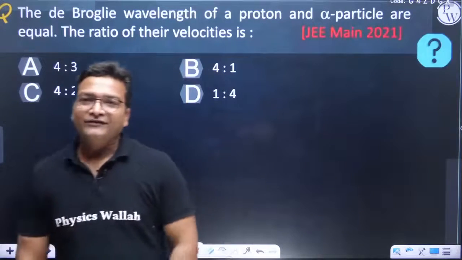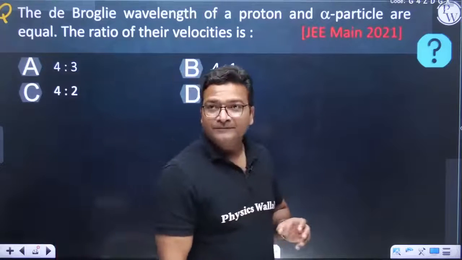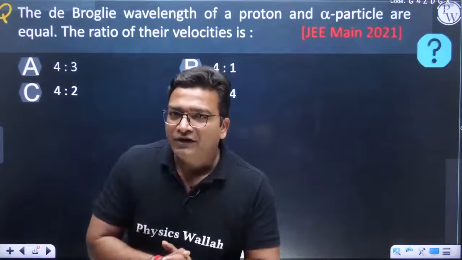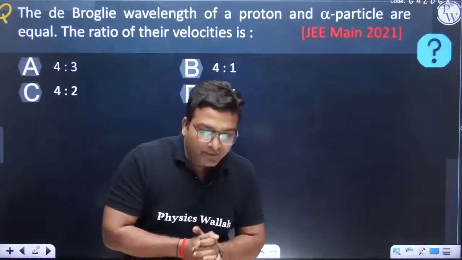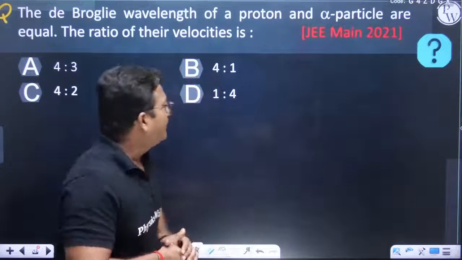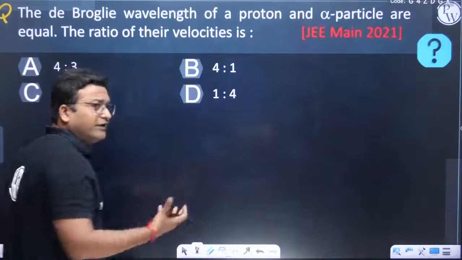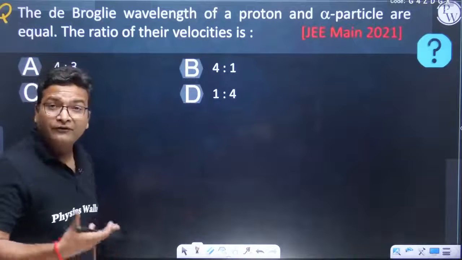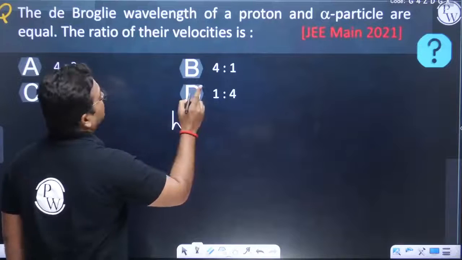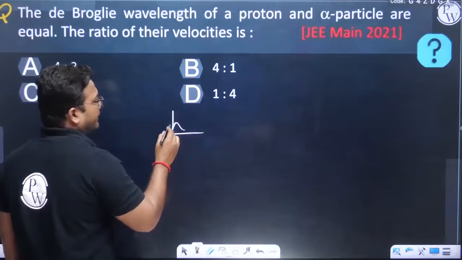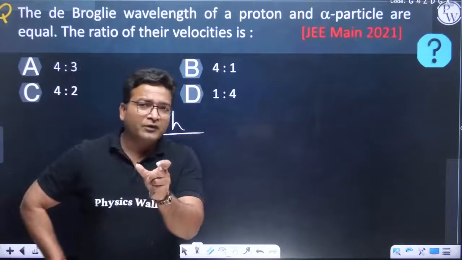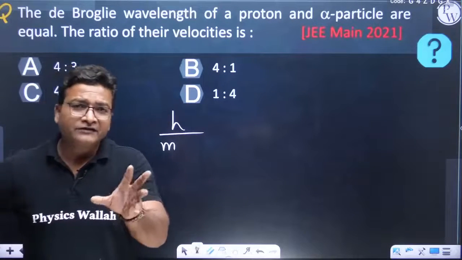Next one. So now they say the de Broglie wavelength of a proton and alpha particle are equal. If the de Broglie wavelength of a proton and alpha particle are equal, what is the ratio of their velocities? See, as velocity comes in momentum, we can use a formula that involves momentum, right? And the de Broglie wavelength of a proton is given by h divided by mass of proton times velocity. I think you remember, if mass of proton is m, mass of alpha particle is nearly 4m.